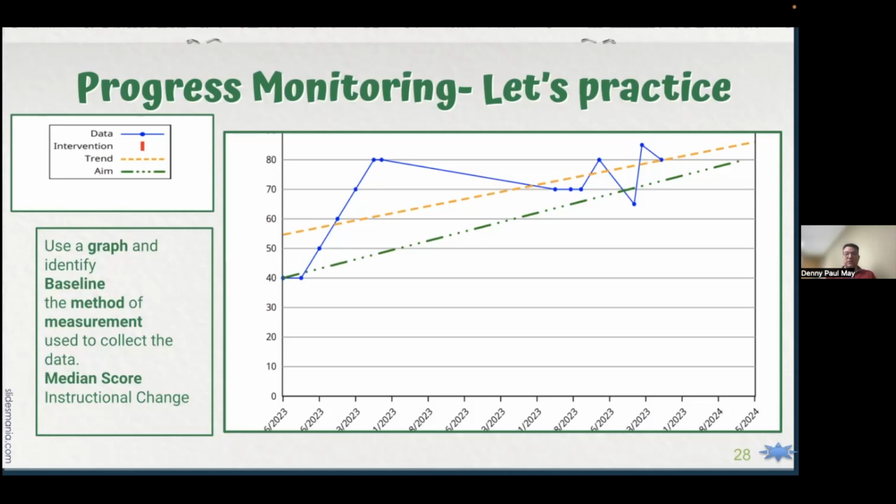We would look at that specially designed instruction. And then, like I said, that representation is all over the place. It's interesting that as they move across here, they start getting a little closer, with the trend line, a little closer to the aim line.